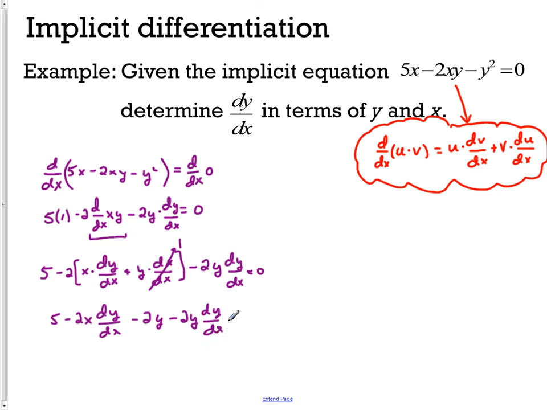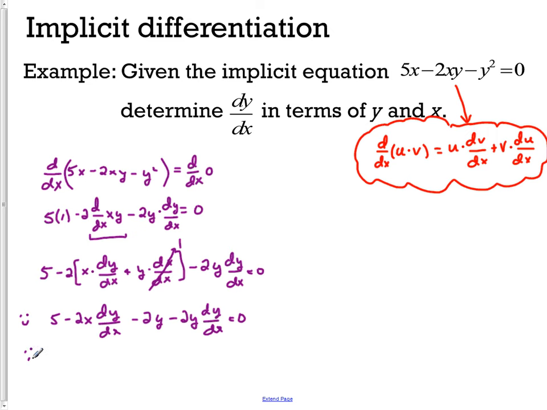Okay, we've actually finished at this point the differentiation. So the derivative part, the actual implicit differentiation, is done. That's a good thing for us. The next, however, is that we also have to do a little bit of algebra to isolate dy dx.